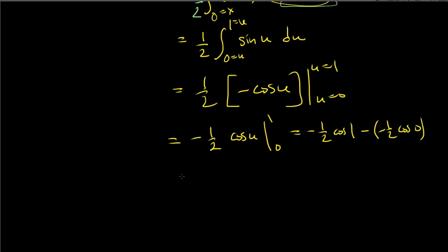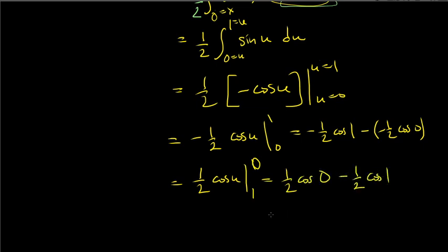If that's confusing, what I like to do is change it to a positive 1/2. And by changing it to a positive, you flip the limits. You make it 1 to 0, right? And you get the same answer. 1/2 cosine of 0 minus 1/2 cosine of 1, which is 1/2 minus 1/2 the cosine of 1.